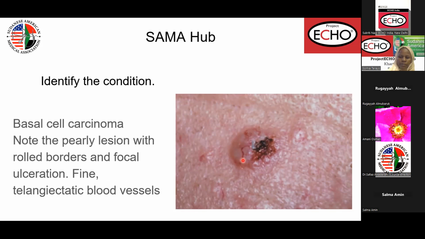You have small blood vessels running through the surface of the lesion, very fine telangiectasia. And you have some bleeding in this area, or maybe some keratinization that became dark in color. So this is a clinical presentation of basal cell carcinoma.